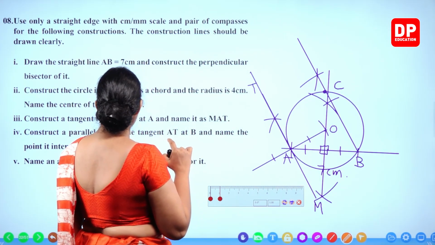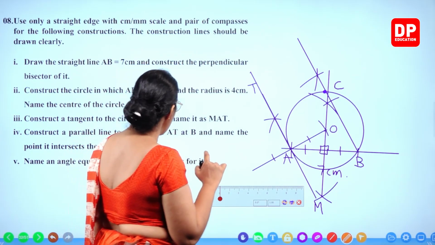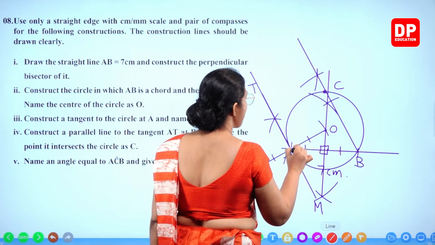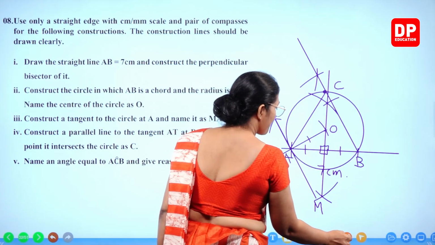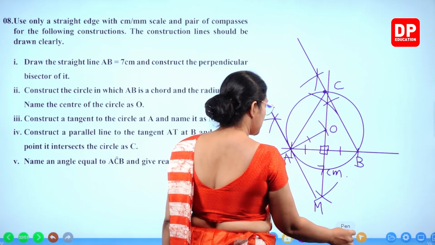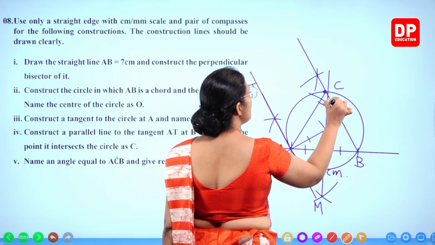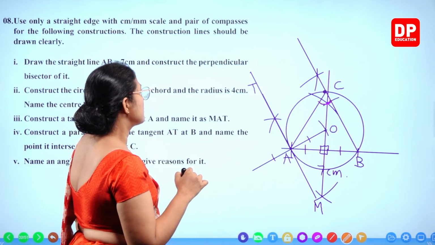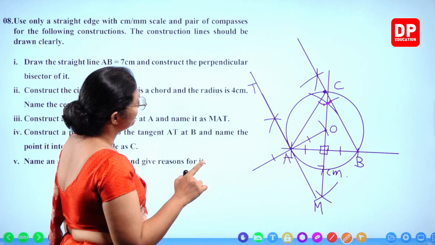Name an angle equal to ACB and give reasons for it. What is this angle? You have to give an equal angle to this. What do you think? ACB.